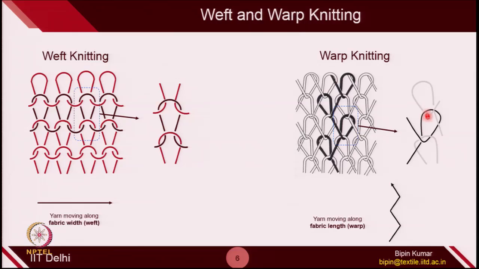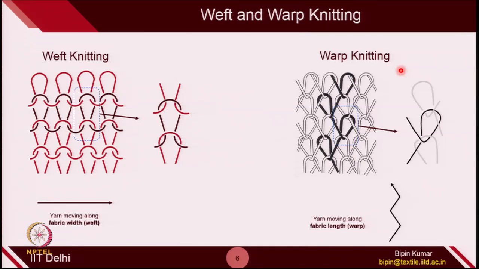One foot connects this loop to the other column on the next course, while the other part of the yarn connects on the same column but on the bottom course. So the same loop is connected not to sideways loops, but to different columns and different rows. That is why the nature of force is imbalanced, and this is why the loop generally tilts from the vertical position. This structure is called warp knitting.